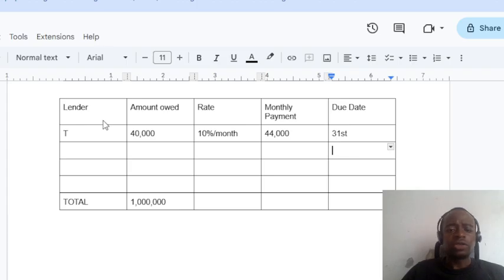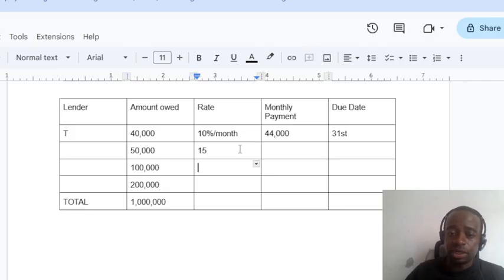So assuming that I have debts of 50,000 here, maybe 100,000, and then maybe 200,000. But the interest rate here, probably this one is 15, this one is 20, this one is 13.